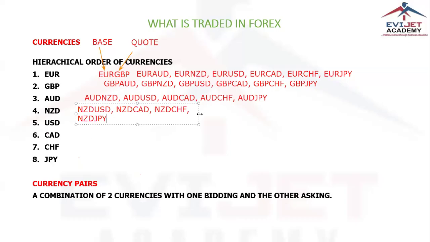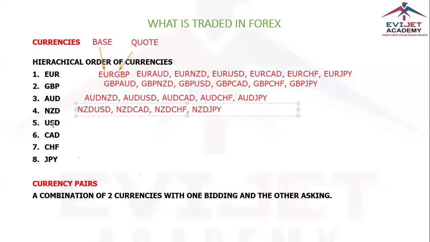Okay? What it means is that NZD can only have the first three as base currency, while anything below it must come as quote currency. So that's the same thing applied to all of them.